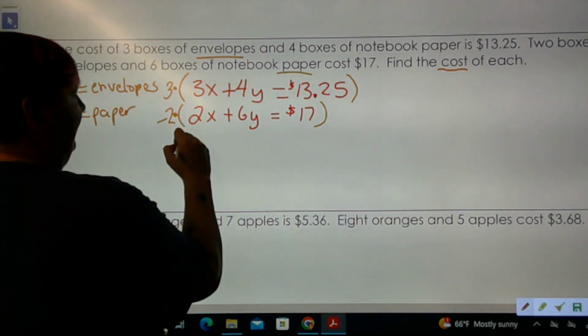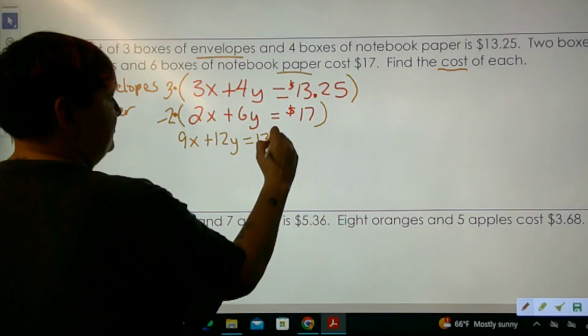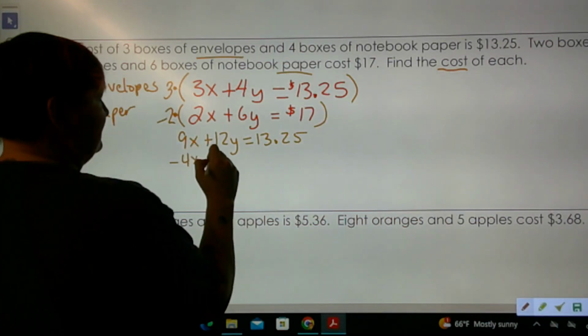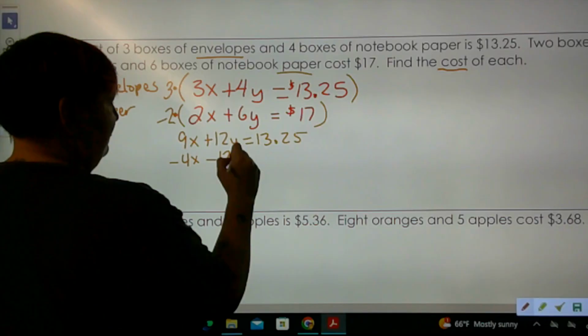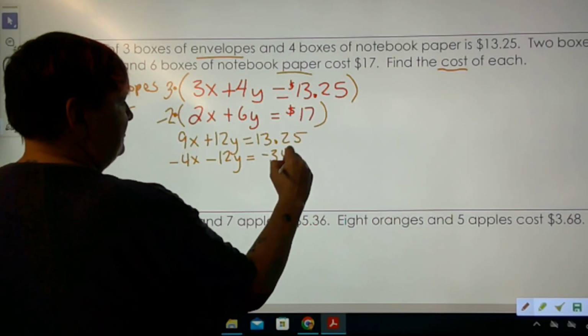So we get 9x plus 12y equals 13.25, and you get negative 4x minus 12y equals negative $34.